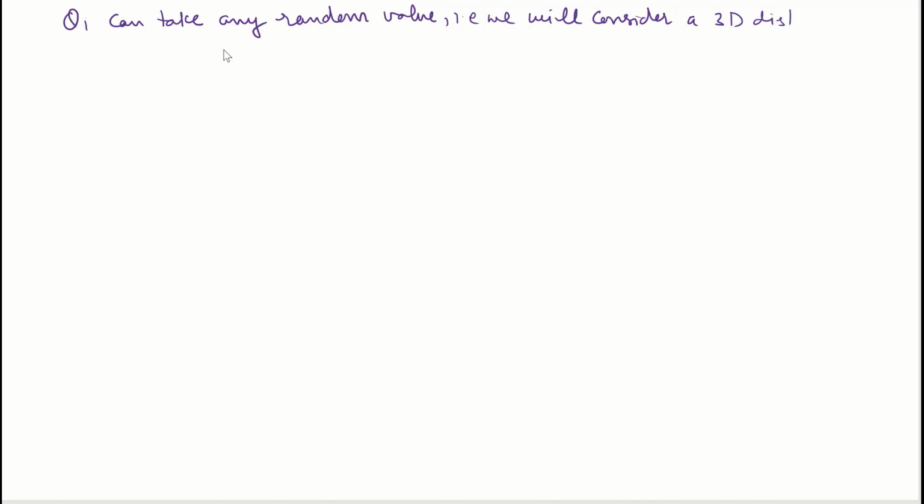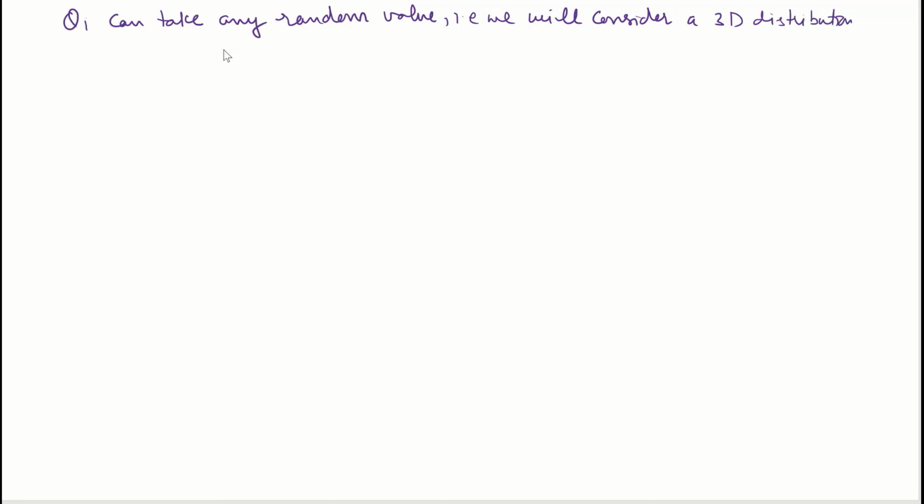Now the argument that we are making here is that because theta i can take any random value, we will consider a 3D distribution, okay.